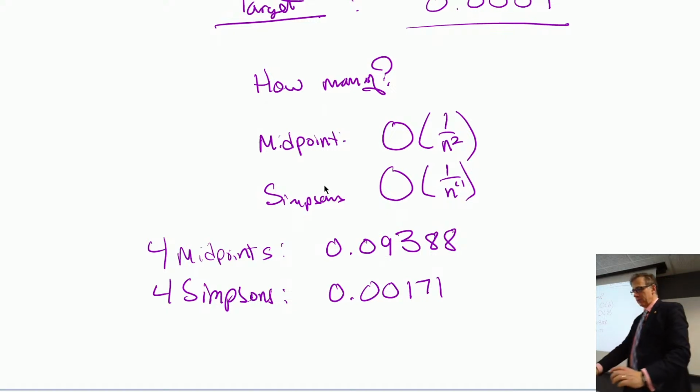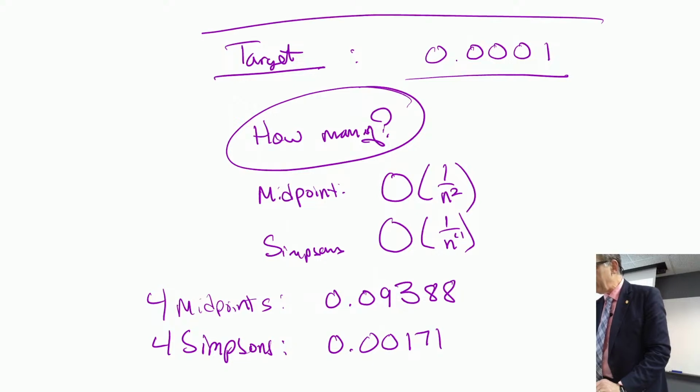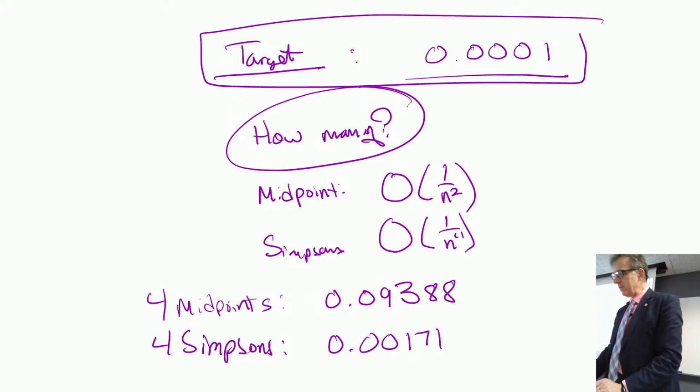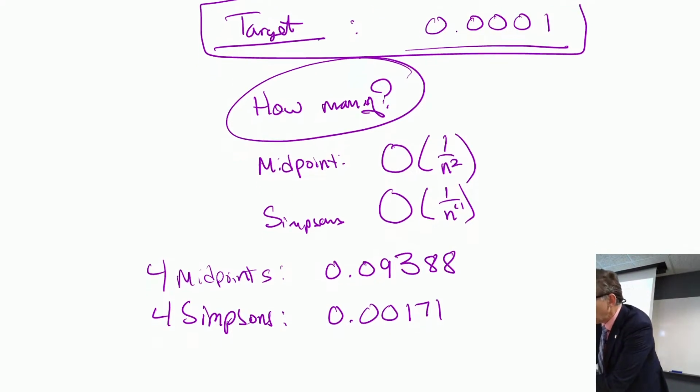So here's your challenge. I want to know how many you're going to need to get within this. So see if you can work it out, maybe with a friend if you'd like. But the key here is that when we say that we're on the order of 1 over n squared, what I mean is that it's predictable in the sense that your error is going to equal some number times 1 over n squared.